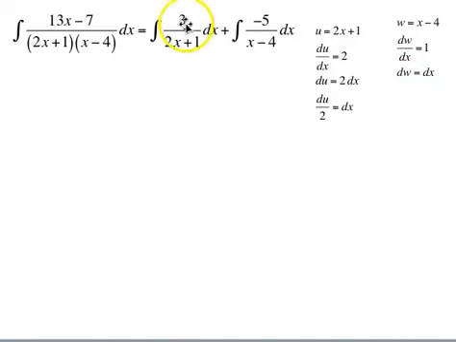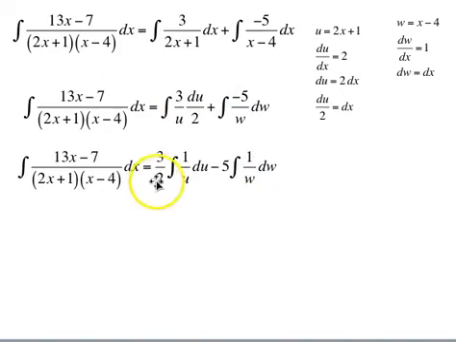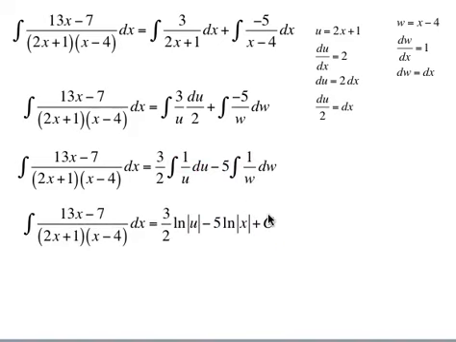Making our substitution, that'll be 3 over u, du over 2, negative 5 over w, dw. Pulling the 3 halves out in front, pulling the negative 5 out in front. 3 halves integral of 1 over u du minus 5 integral of 1 over w dw. Integral of 1 over u is log absolute u. Integral of 1 over w is log absolute w. U is 2x plus 1.